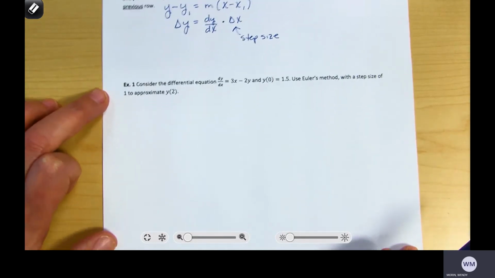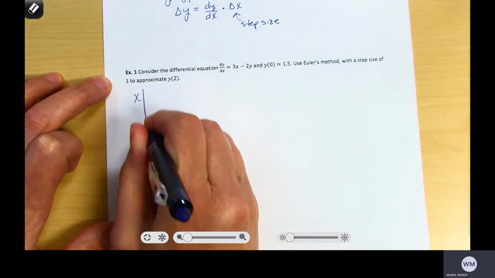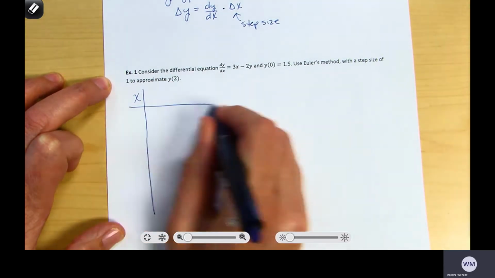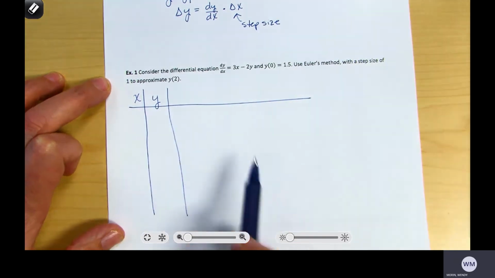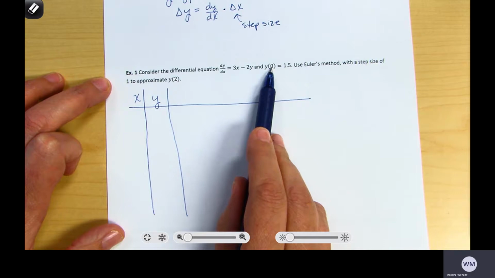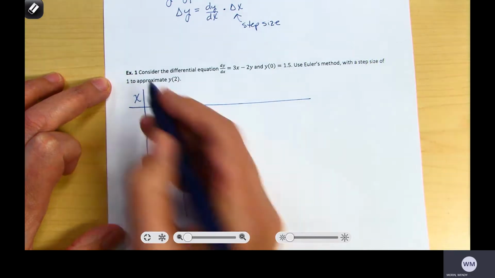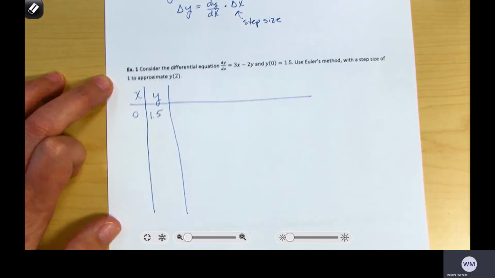And then we're going to find the y value for each individual step. Okay, so let's take a look at what that's going to look like. First thing we do is we make a table. You're given a starting point. You're given y of 0 is equal to 1.5. So you're given the point 0, 1.5.